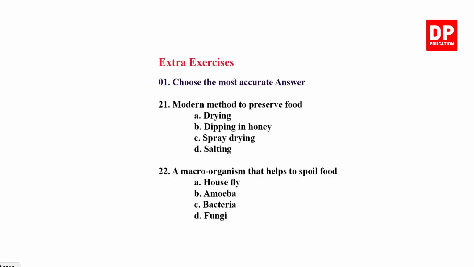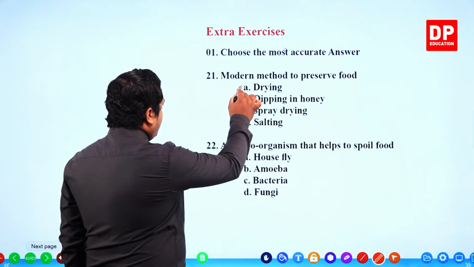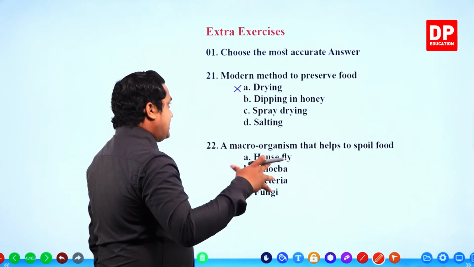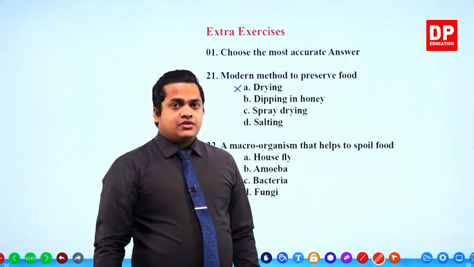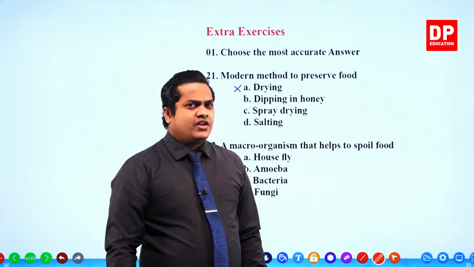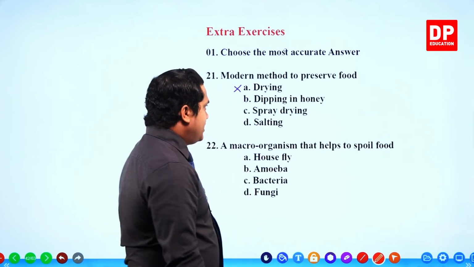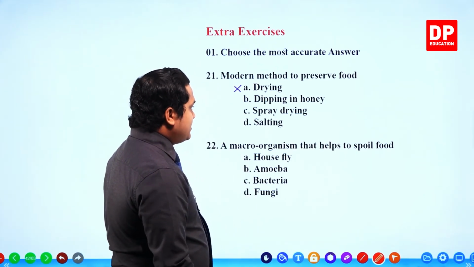Right. Modern method to preserve food. Drying. You know that drying is not a modern method, my dear children. Even in ancient times, drying was used. So drying is a traditional and ancient method of food preservation. Dipping in honey, once again the same.